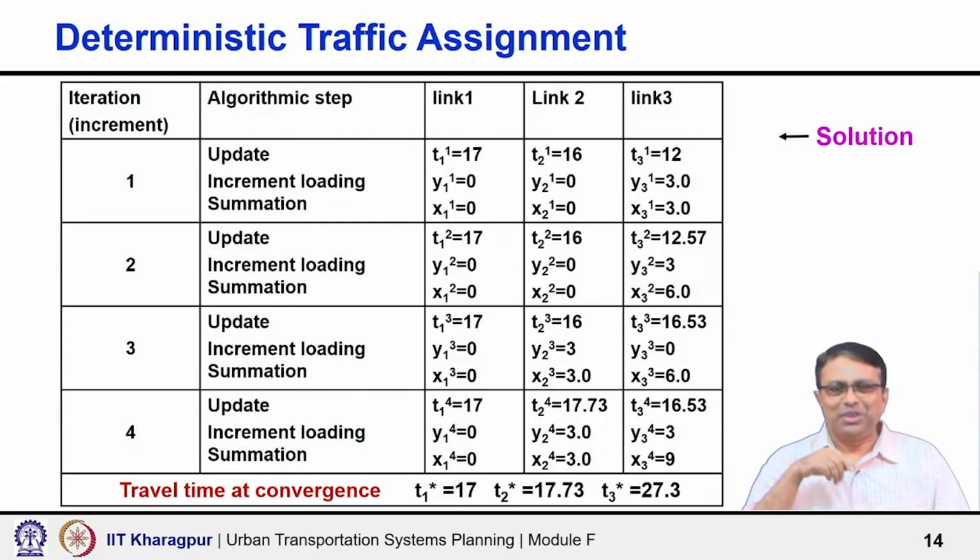Now you have 17 minutes, you have 17.73, but T3, the link 3 travel time, becomes 27.3, which is significantly different. If you try to solve the same problem by all or nothing assignment, you will find that T3 could have been much higher, maybe 70, 80, I do not know, but much higher.